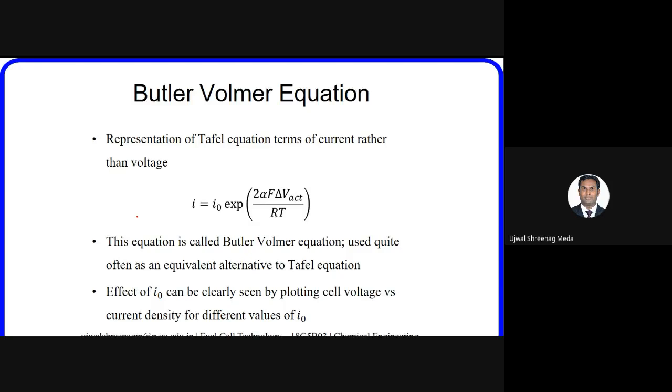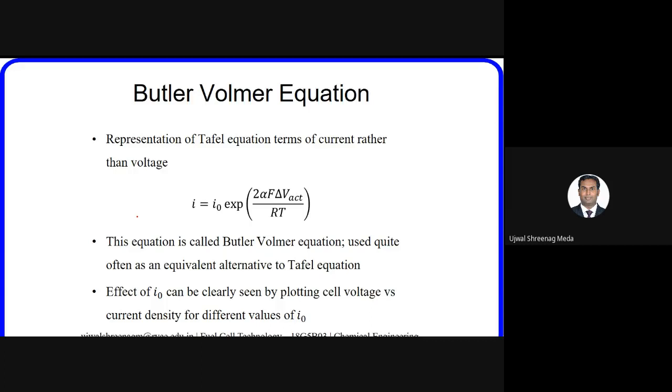Likewise, the same equation can be expressed in terms of current as well, which is known as the Butler-Volmer equation. The same Tafel equation is expressed in terms of current instead of the activation overvoltage. So this is known as the Butler-Volmer equation, which is equivalent to the Tafel equation.